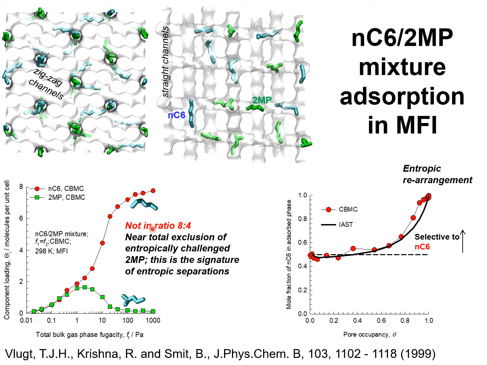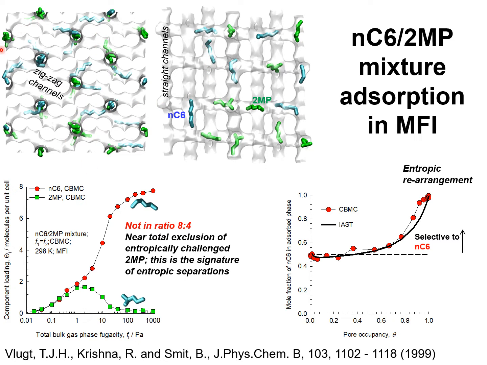And we have near total exclusion of the entropically challenged 2-methylpentane, because these molecules, the branch isomers, can only locate at the channel intersections, whereas the normal hexane molecules can locate along the straight channels or along the zigzag channels.